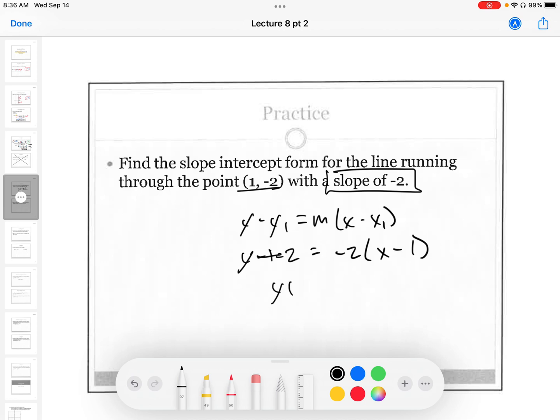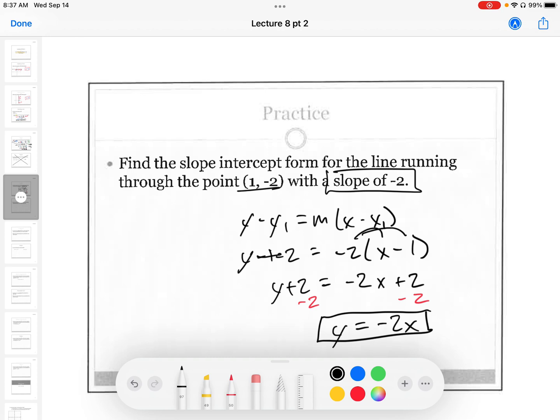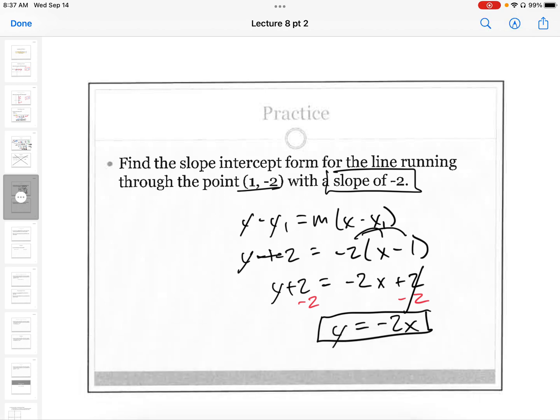Two negatives make a positive, y plus 2 equals, distribute that negative 2 in, so I get a negative 2x plus 2. Now I would need to subtract 2, and I get that y equals just simply a negative 2x, because those two would just end up canceling there. So y equals negative 2x would be my answer for that one.